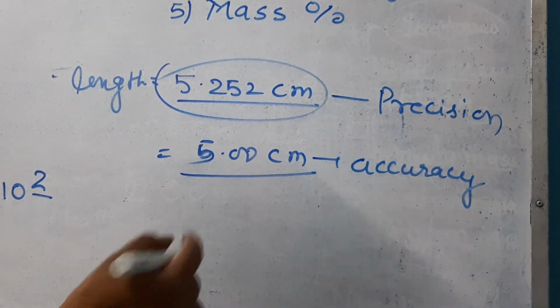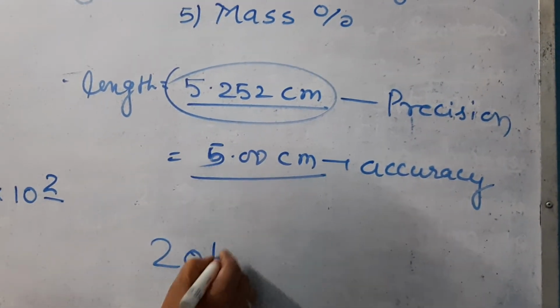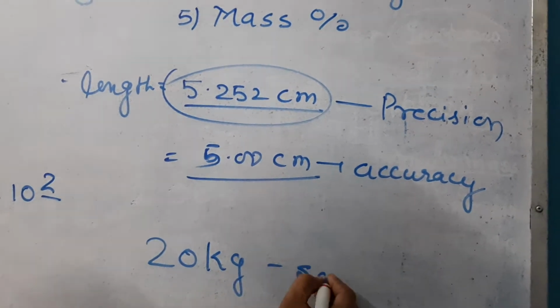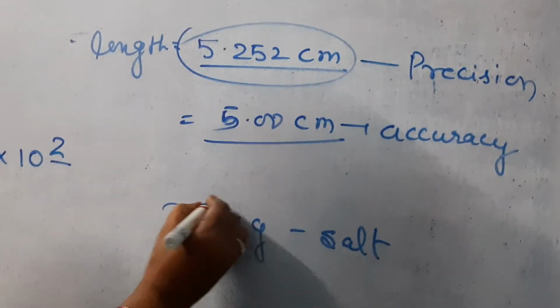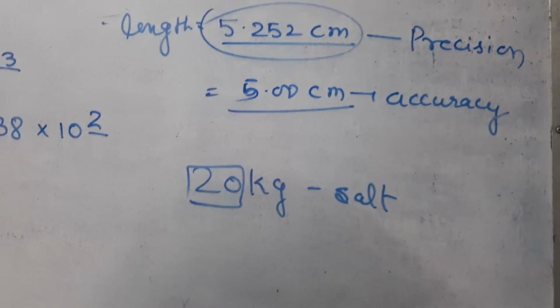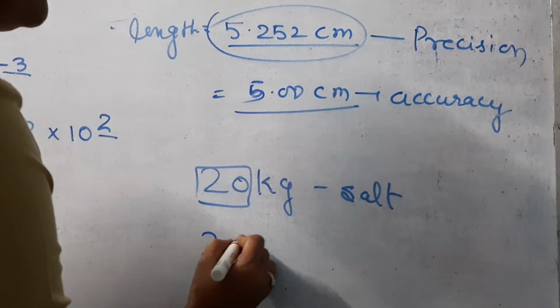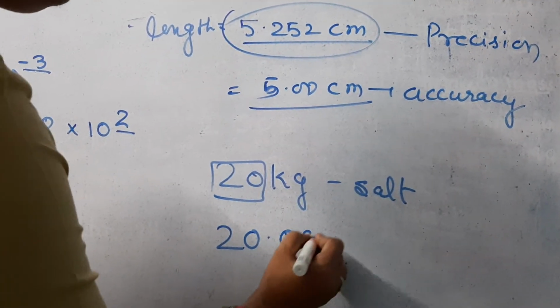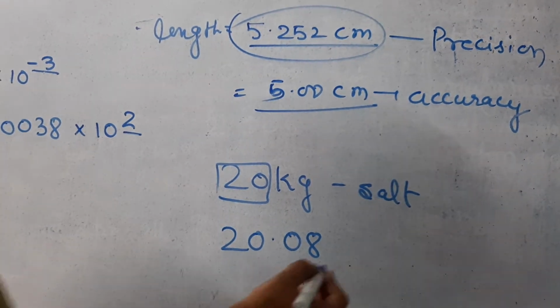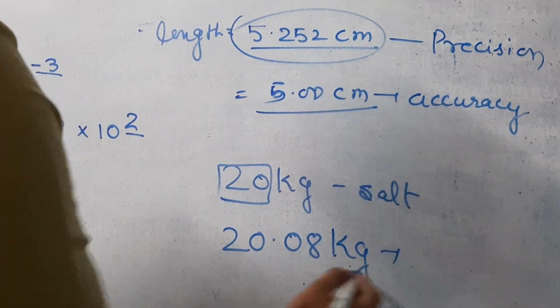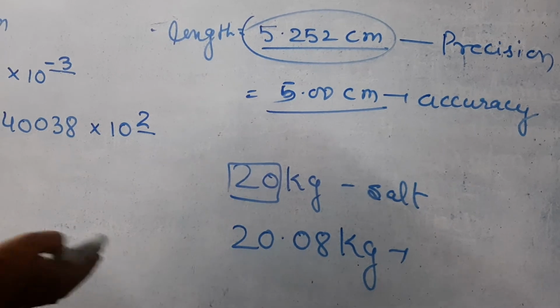For example, suppose you are taking 20 kg of salt. It means you have an accurate number. Suppose you have the value 20.208 kg of salt, then it is not completely 21, not completely 20.